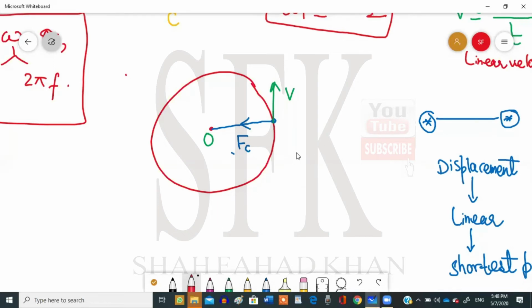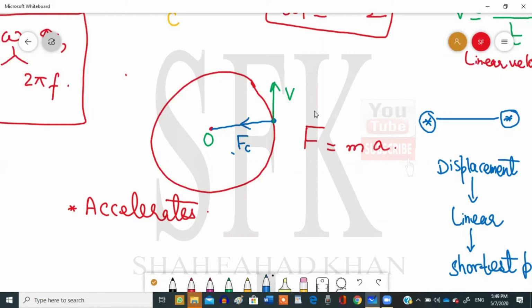First of all, I just told you that an object moving in circular motion actually accelerates. According to Newton's second law of motion, F equals ma, and the direction of the resultant force, in this case the centripetal force, and the direction of the acceleration are exactly the same.